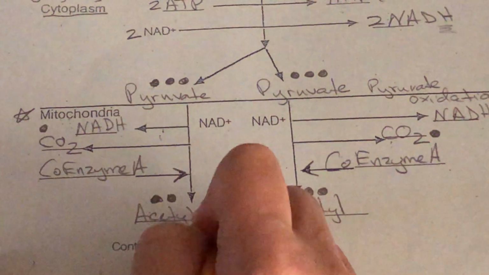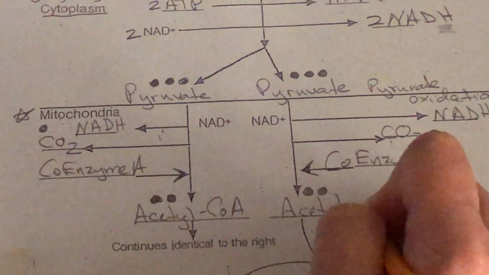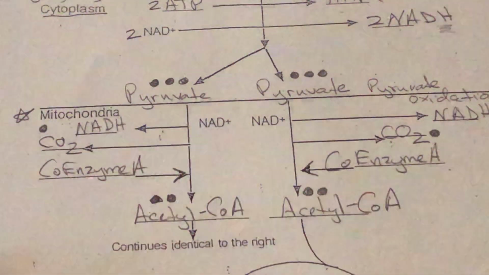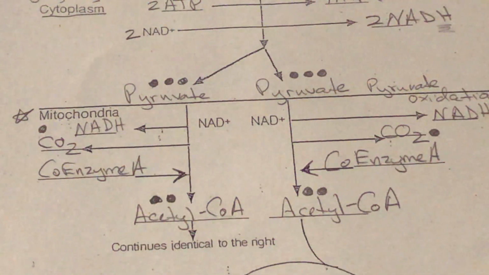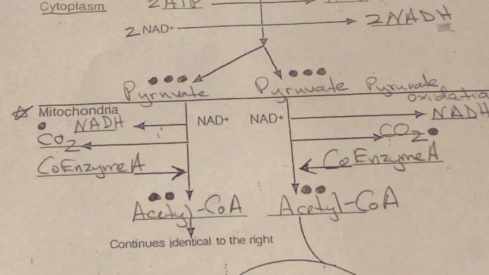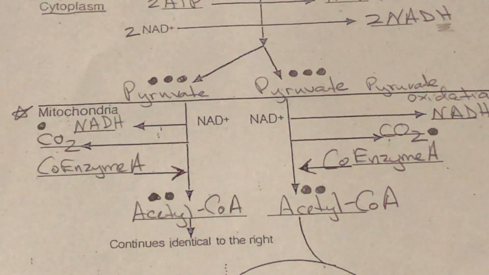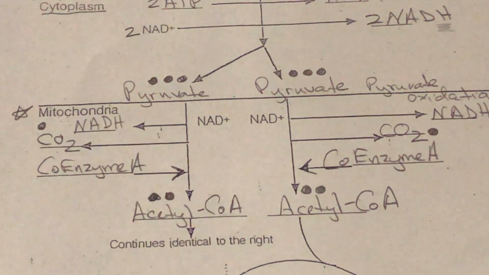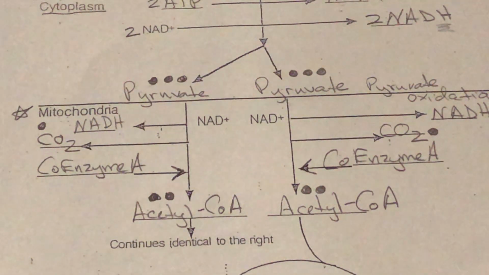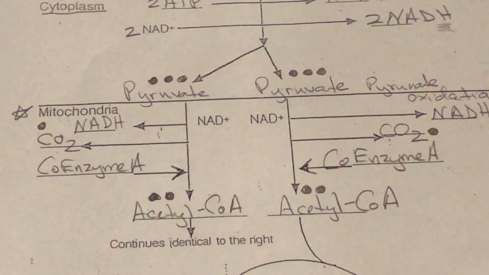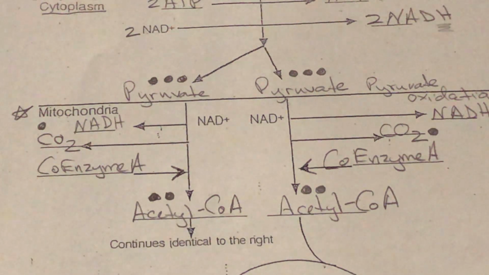So we call this acetyl-CoA because it's the 2-carbon acetyl attached to our little coenzyme A. And all of this occurs, the pyruvate oxidation, at the membrane as the pyruvate is entering the mitochondria. And of course, this is in eukaryotic cells.